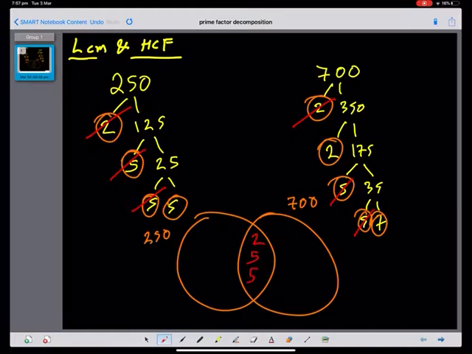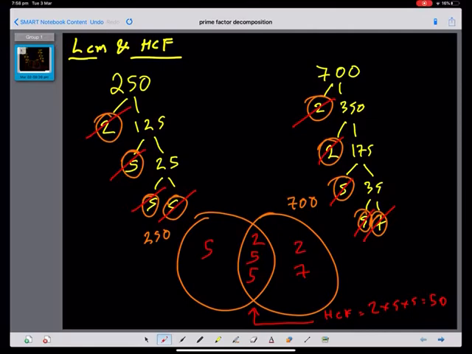And we're left with a 5 on the 250 side and a 2 and a 7 on the 700. Okay, so the intersection is the highest common factor, which is 2 times 5 times 5, which is 50.